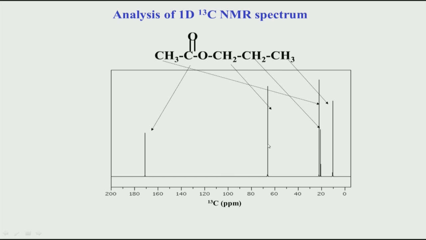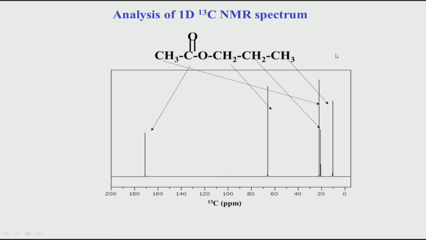This is also something which we saw in the proton in the beginning, that the CO group comes somewhere between 60 to 70. Now, if I record a proton spectrum, which is not shown here, we are not going to look at the proton spectrum right now, but that proton also, remember, was coming around 4 to 5 ppm because of this oxygen electronegativity. So, this is how we can assign for this particular example.